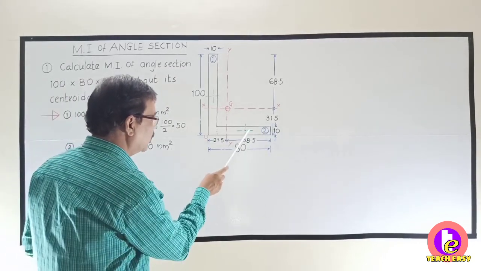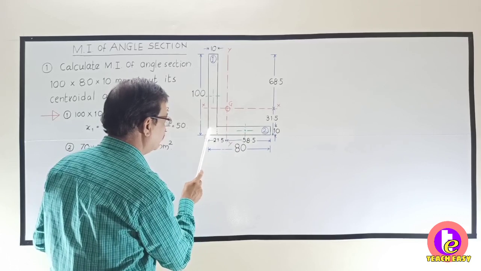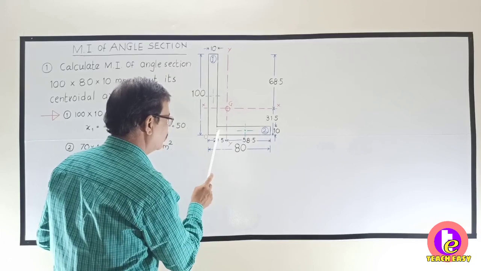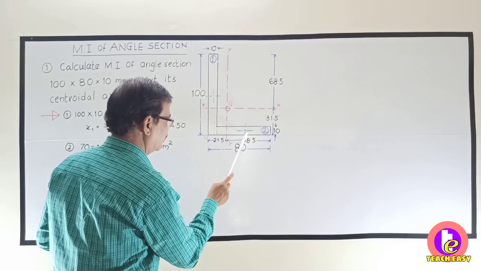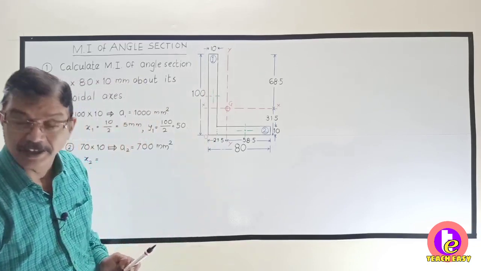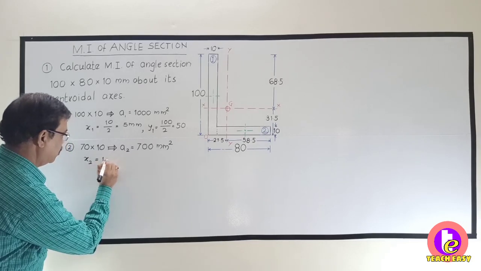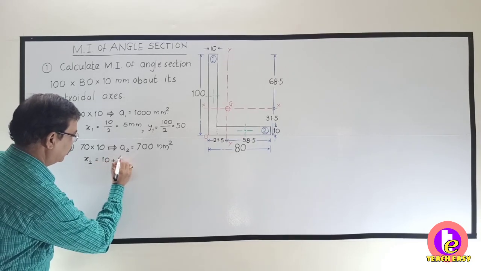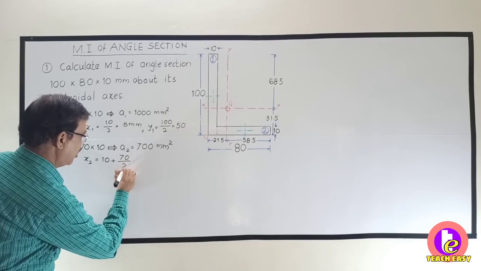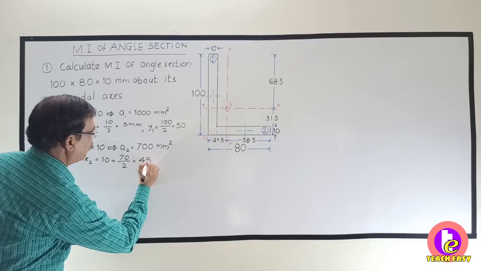We want this particular distance from here to here. Now this is 70, so this will be 70 by 2, that is 35, plus we want it from this, so you will have to add 10 to it. So it will be 10 plus 70 divided by 2. So it will come out to be 45 mm.